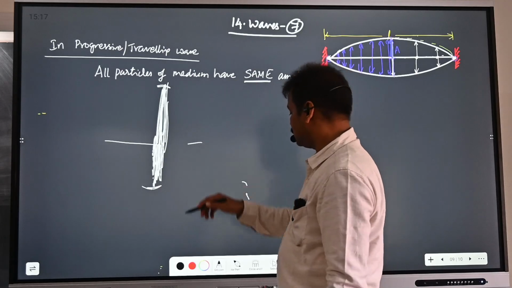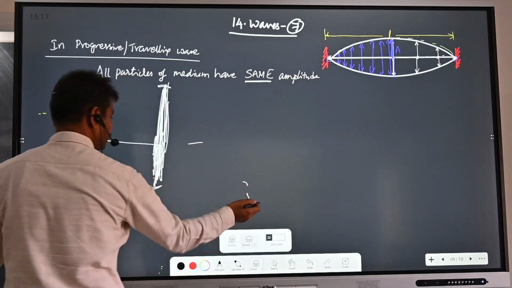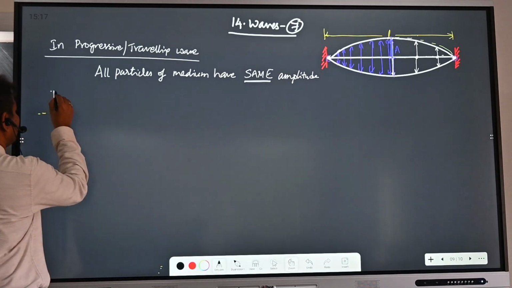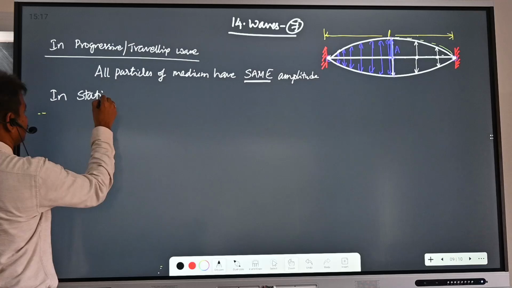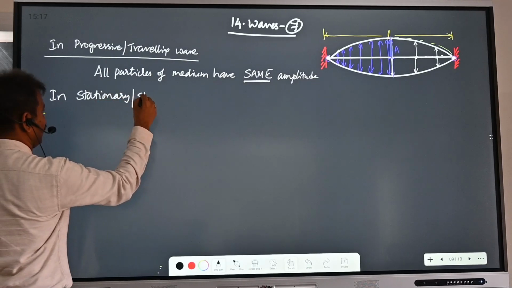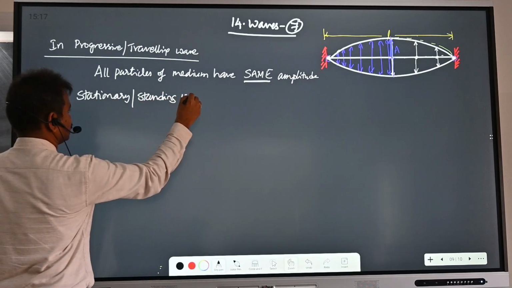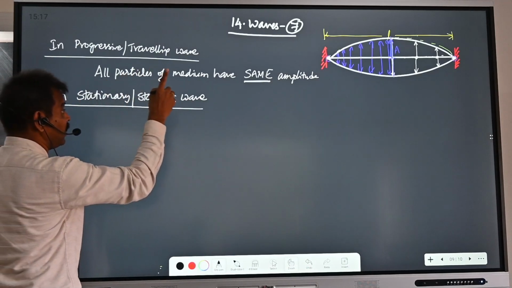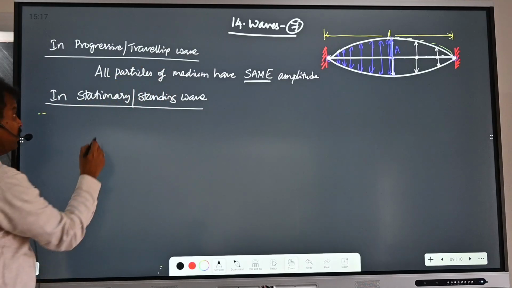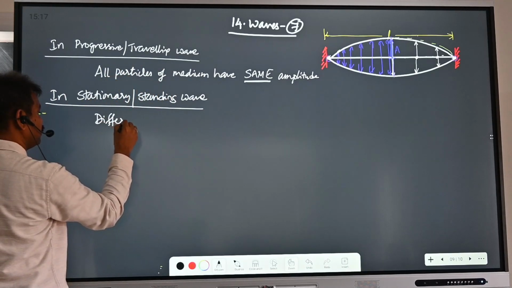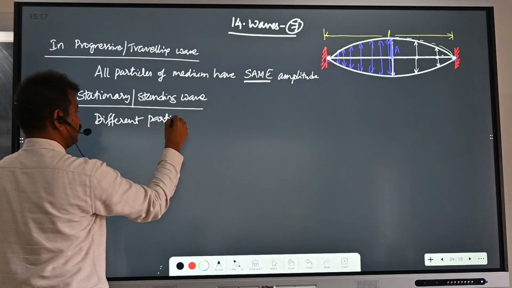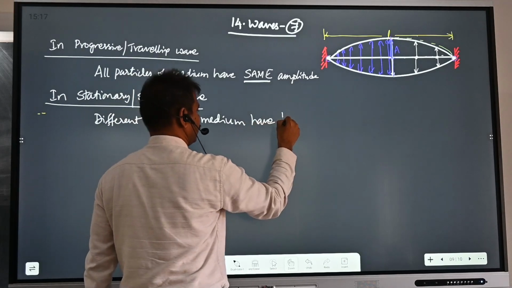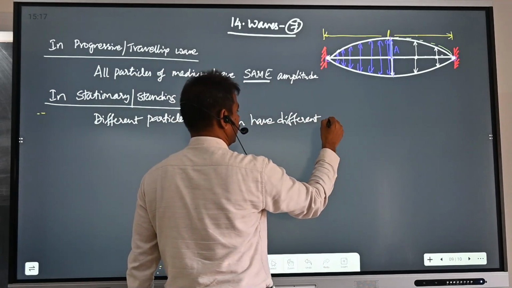But in a stationary wave, what happens? In a stationary or standing wave, only some particles will have maximum amplitude, and different particles of the medium have different amplitudes.